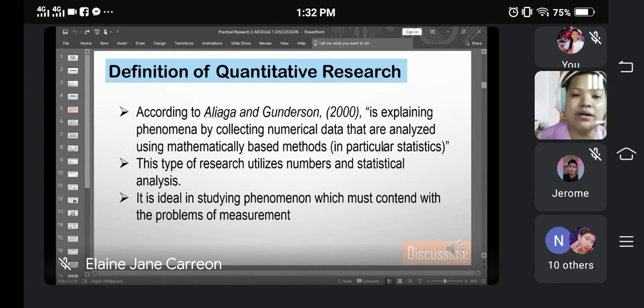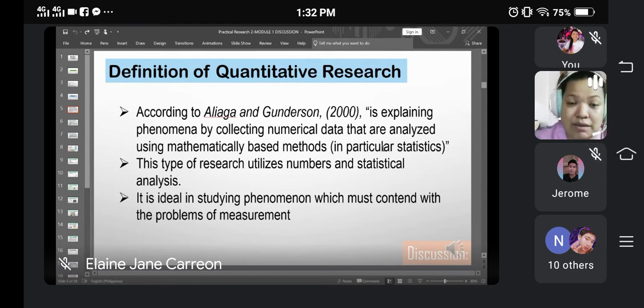According to Aliaga and Gunderson, 2000, si Aliaga at Gunderson ay writers, apelido nila yon, and their book was published in the year 2000. They gave the definition of quantitative research as explaining phenomena by collecting numerical data that are analyzed using mathematical based methods, in particular statistics.